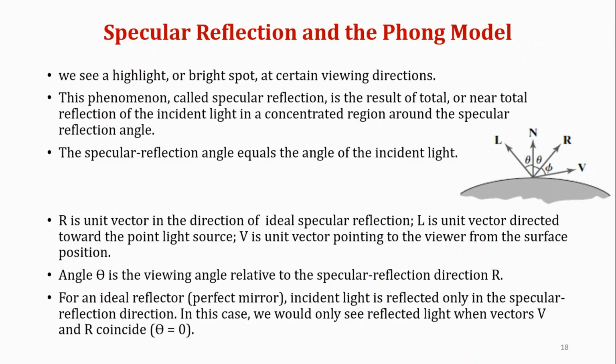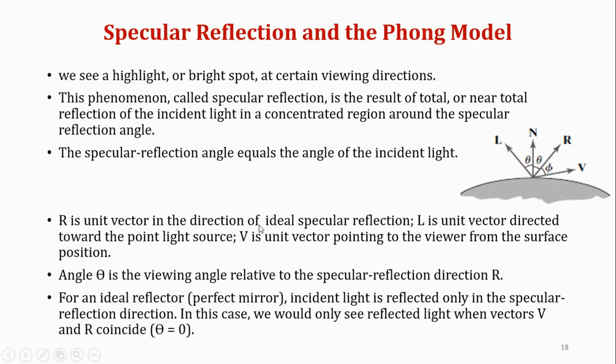Here the Phong model uses the vectors R and V. R is the ideal reflection direction, and V is the direction towards the observer. The specular intensity depends on V and R. You can check it over here.